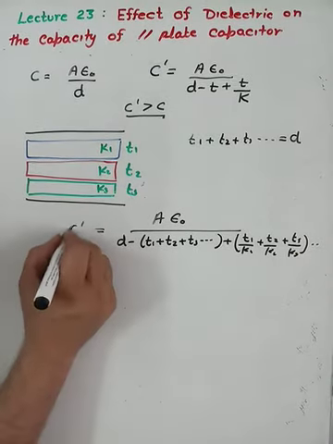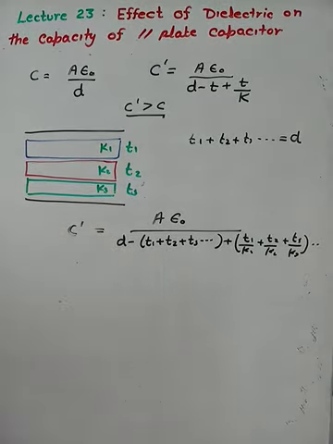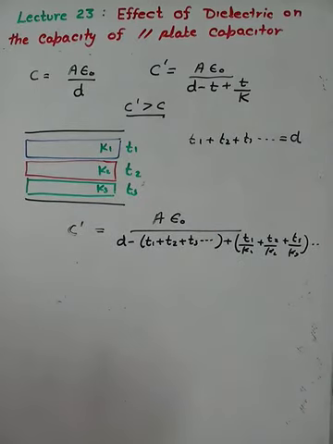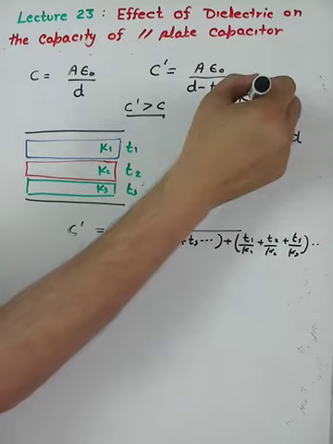This is the formula when we insert multiple slabs. That means whether we introduce multiple slabs or a single slab, the capacity will increase. This is key.